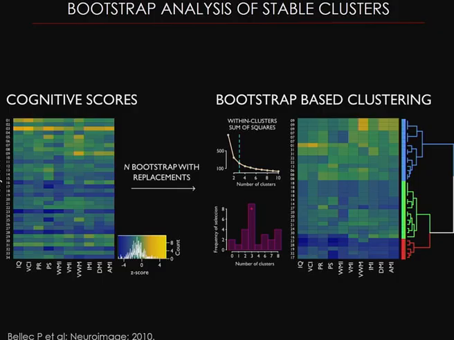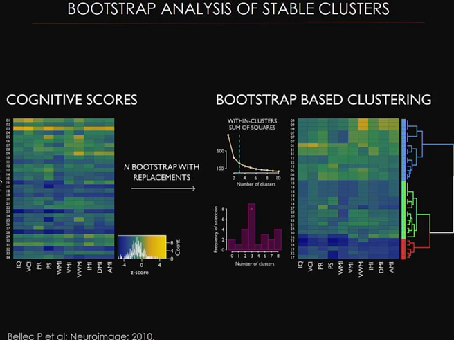And for the robust classification, we are based on the Bellec paper for bootstrap analysis of stable clusters. As you can see here, the rows represent each of the subjects, the columns are the cognitive scores, and we took this matrix of cognitive scores.